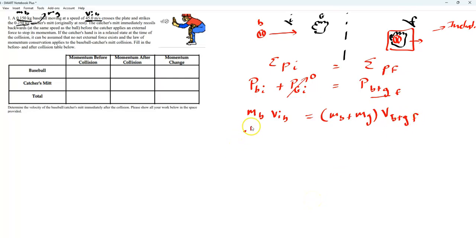Going through the math, it'd be 0.15 times 45 equals 0.15 plus 0.25, times V of the ball and glove together, their final one. Just doing the math on my calculator here, 0.15 times 45 is 6.75 for the total momentum, and 0.15 plus 0.25 is 0.4.